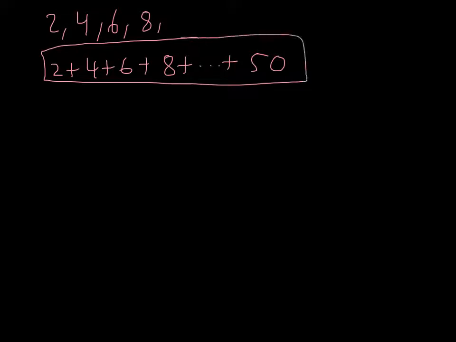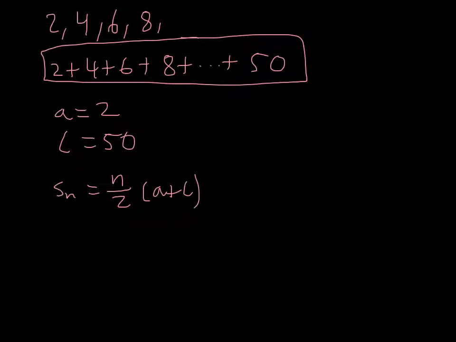AP. We know the first term a is 2. We know the last term l is 50. So because we have the first and the last term, we can simply use Sn equals n over 2 (a plus l). So what we're saying is that S25 equals 25 over 2.